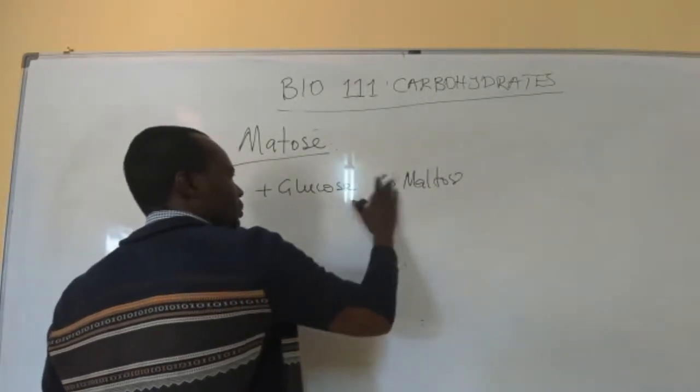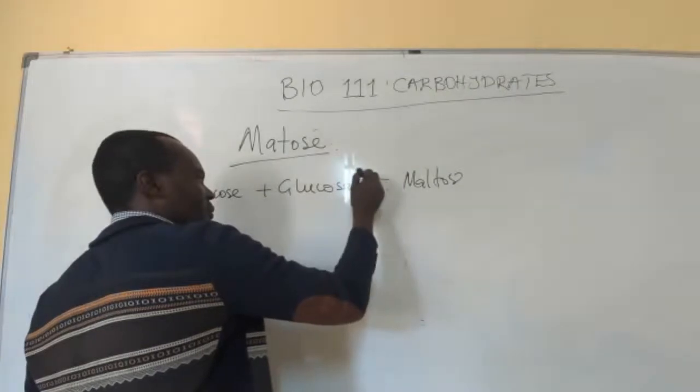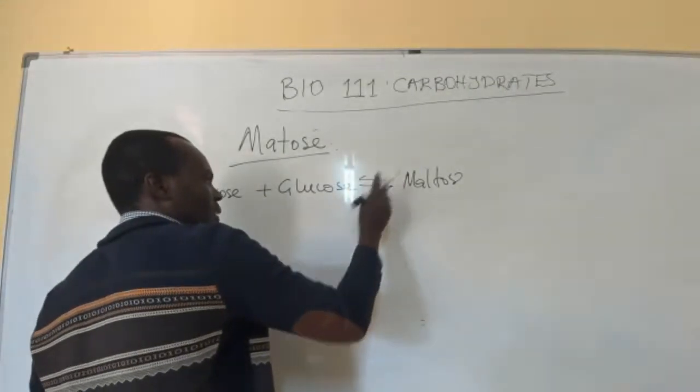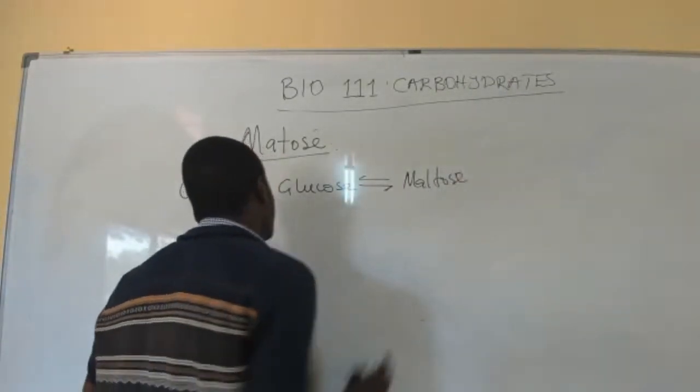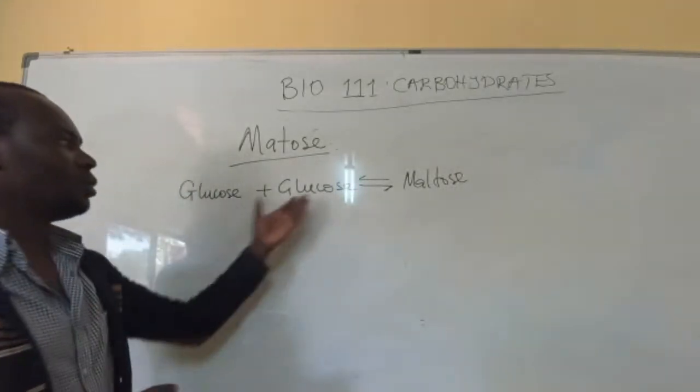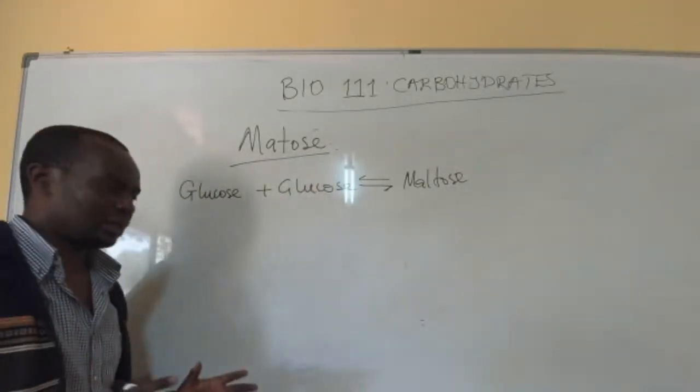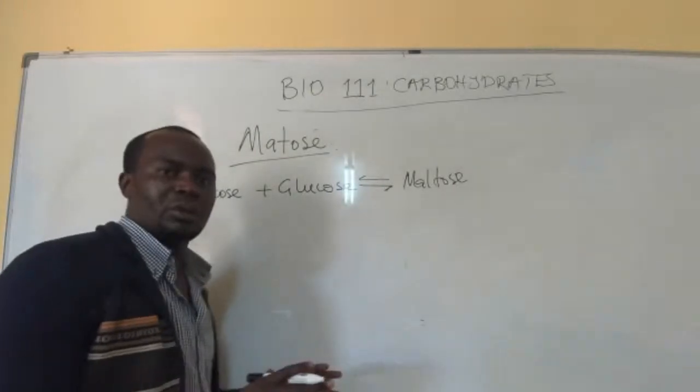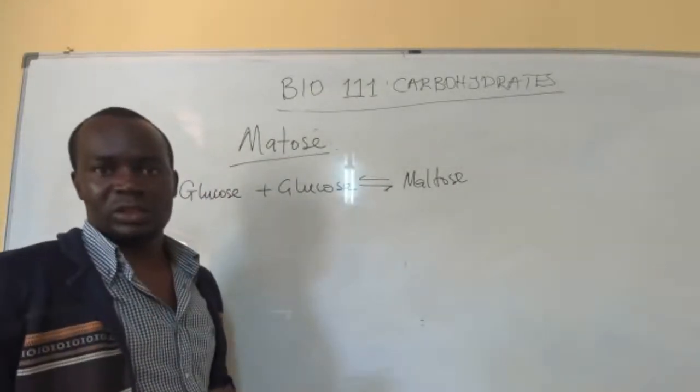Okay. This is actually reversible because it can be broken down. So when two glucose monomers are joined together through a condensation reaction, maltose is generated.